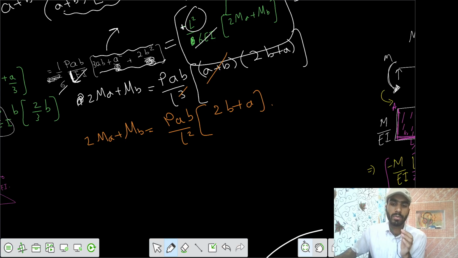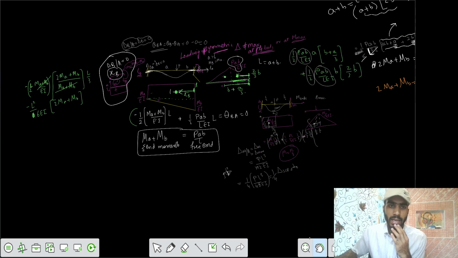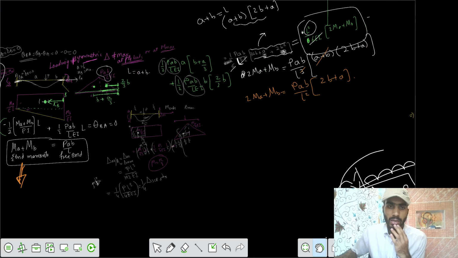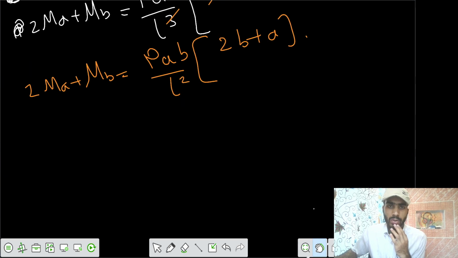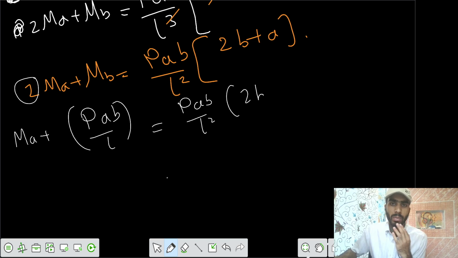Now we know from the first result, from theta B minus theta A, that the summation of end moments equals to Pab by L. So if we substitute here, we can write it as Ma plus Pab by L, this one 2 times that, equals to this one, Pab by L square into 2b plus a.